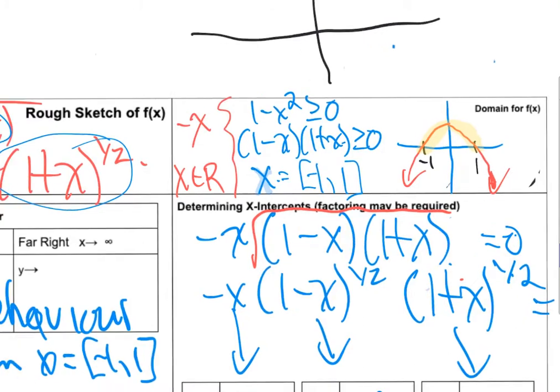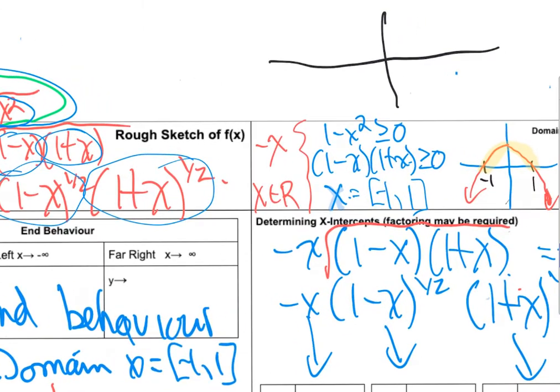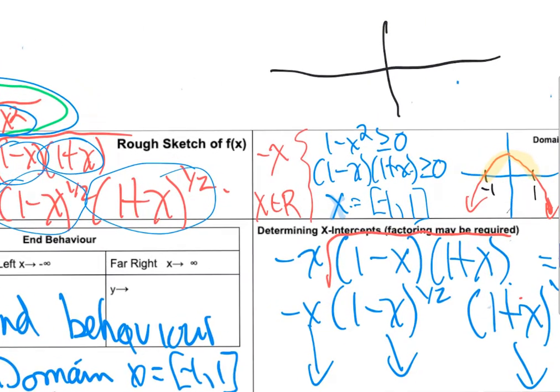Okay, so what do we know here? The original equation was y equals negative x square root 1 minus x squared. So what do I know? I know that 1 minus x squared has got to be greater than or equal to 0. So I can factor that.